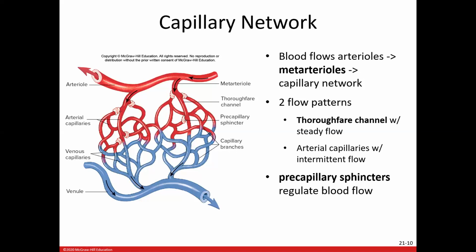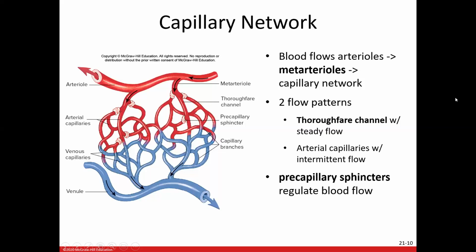It's going to either prevent blood from going through or allow it through. So if the blood flow goes through one of these side routes, it has to go through the sphincters, and ultimately the blood flow will sort of stop and go. So it'll have to wait for sphincters to open to be able to push blood along through the capillary.